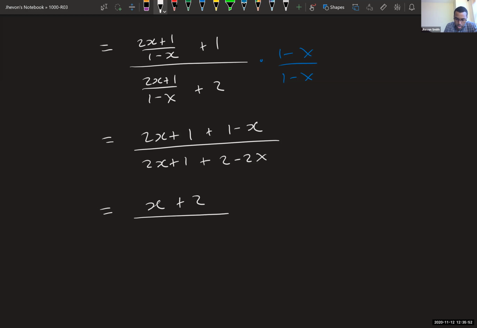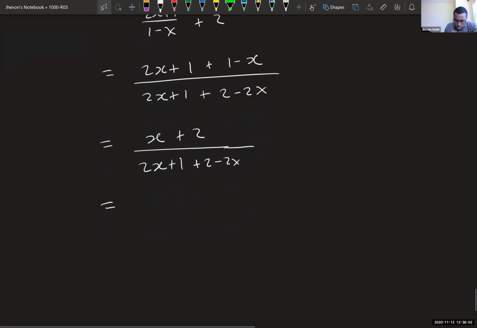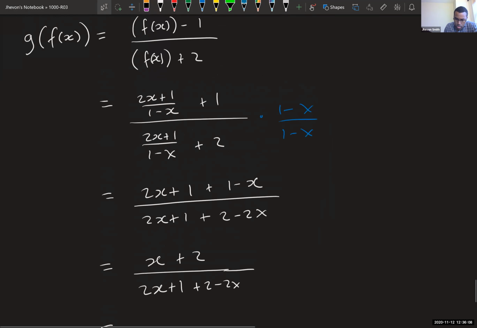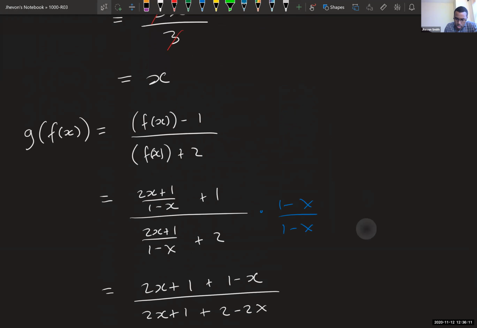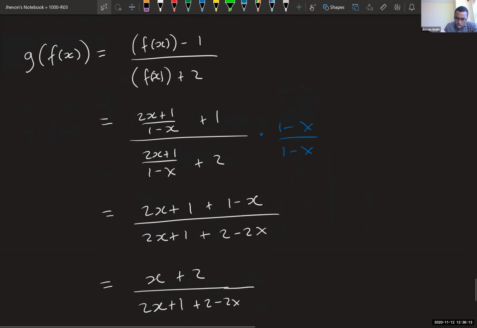And then if I multiply this here, I would get 2x plus 1 plus 2 minus 2x. So then, wait, something's not working. Oh, it's a minus 1 here.